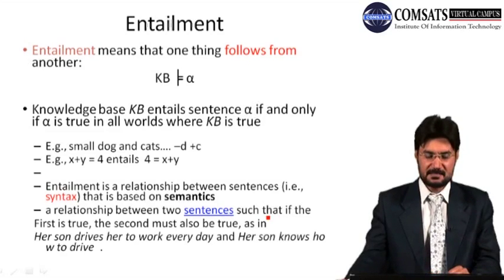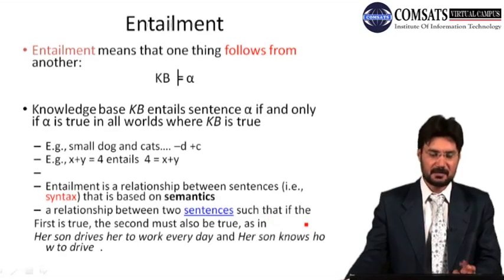So the next example is x plus y is equal to 4. So in this case we know that 4 is also equal to x plus y. So if we write it either way, it is the same situation. KB, knowledge base, will be true, or alpha will be true as long as the knowledge base is true.